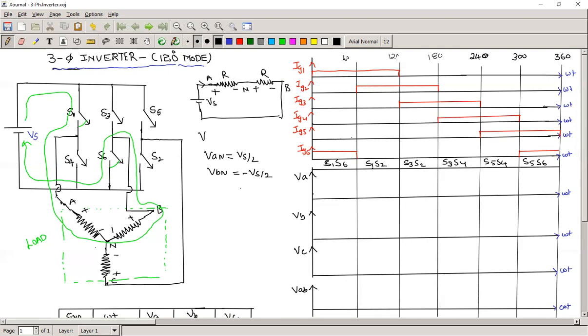if you find for S1 and S2, now the current will start from the positive S1. Now S6 is open.